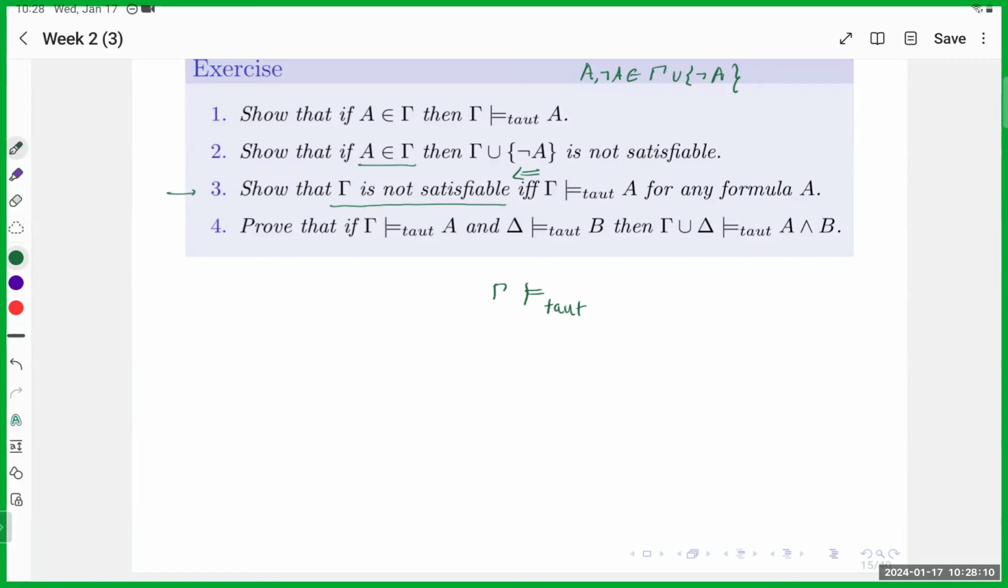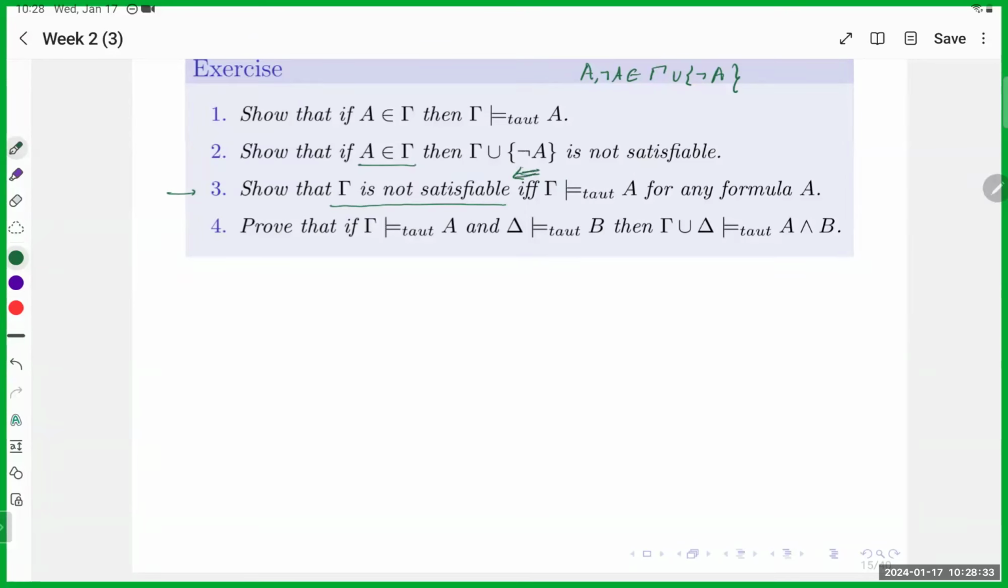The assumption is gamma can tautologically prove any formula, so it can tautologically imply bottom. Yes?